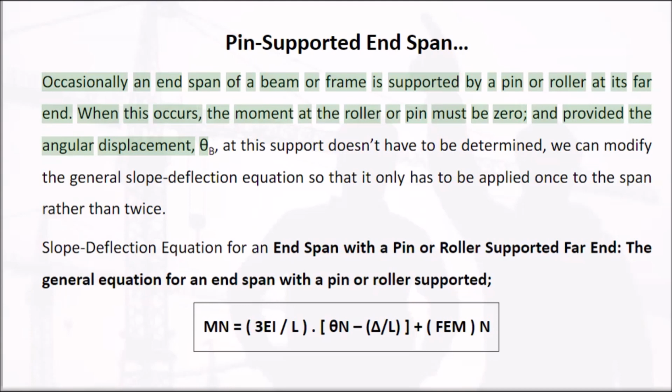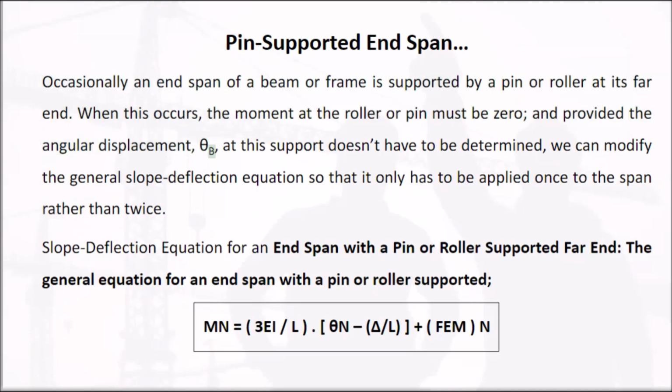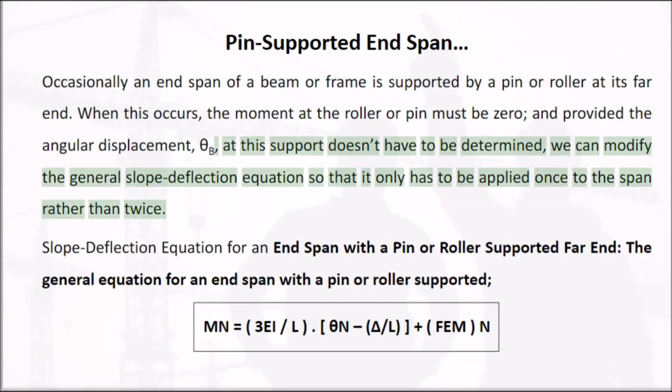When this occurs, the moment at the roller or pin must be zero, and provided the angular displacement theta_B at this support doesn't have to be determined, we can modify the general slope-deflection equation so that it only has to be applied once to the span rather than twice.